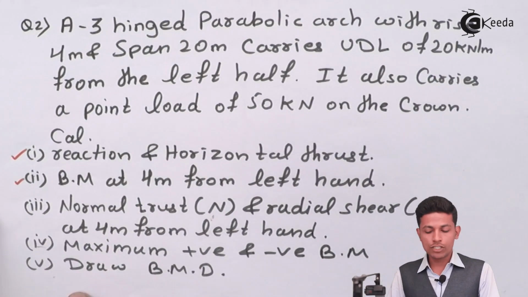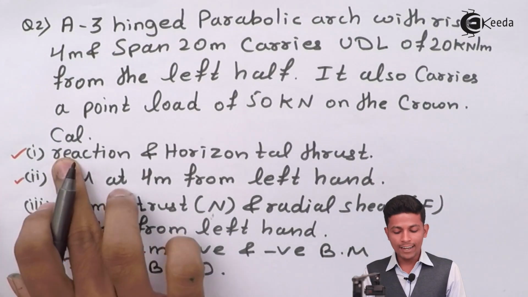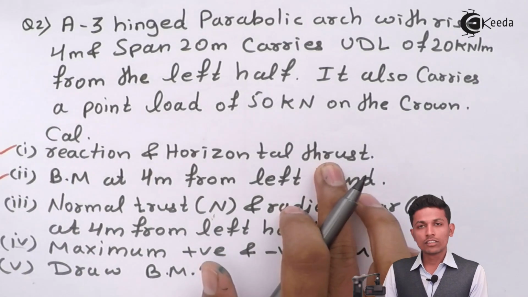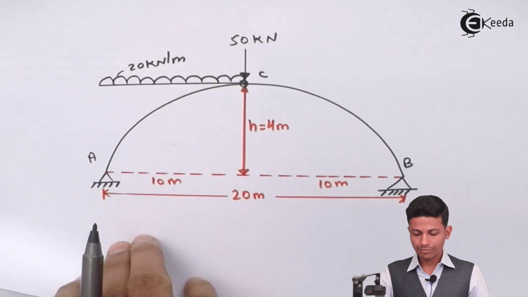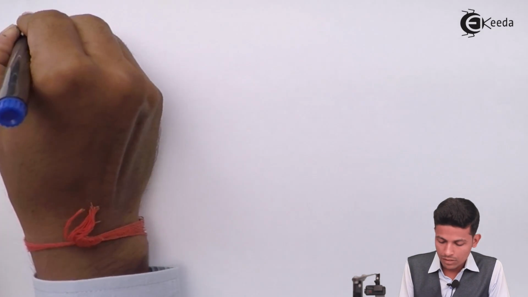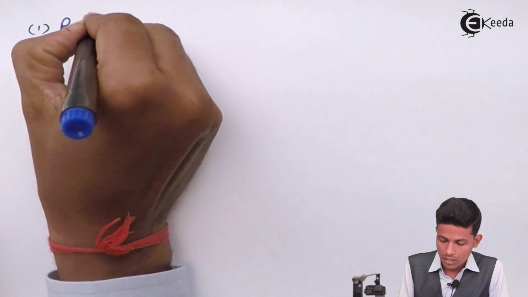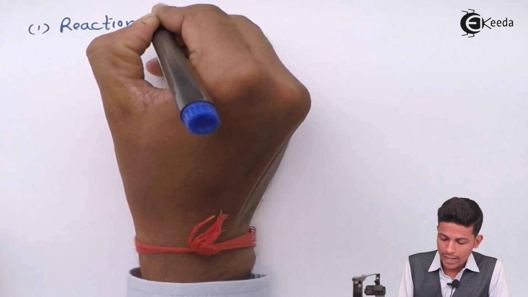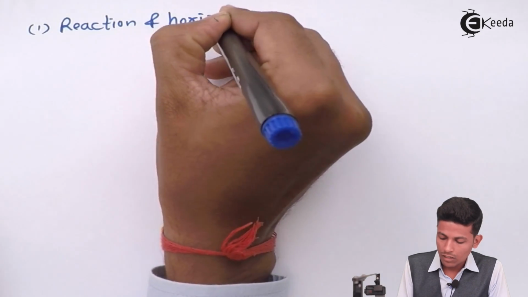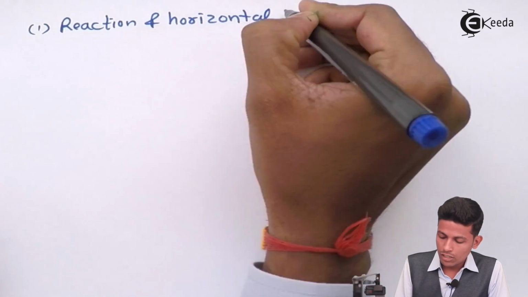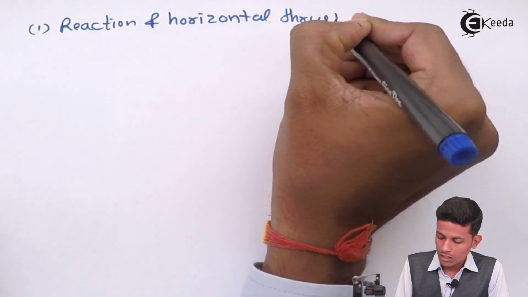Now let's start with the first one. The first one is to find reaction and horizontal thrust. So let's start. Reaction and horizontal thrust.